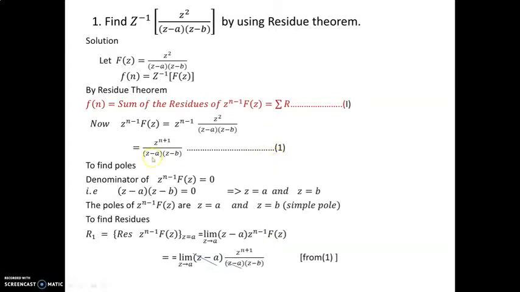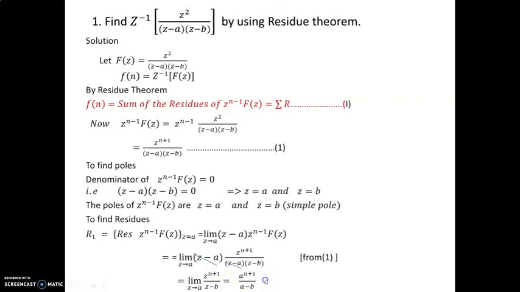From equation 1, z^(n-1) f(z) is z^(n+1) by (z - a)(z - b). So (z - a) and (z - a) cancel. We get the limit as z tends to a of z^(n+1) by (z - b). Next, substituting the limit value in place of z, it is a^(n+1) divided by (a - b).